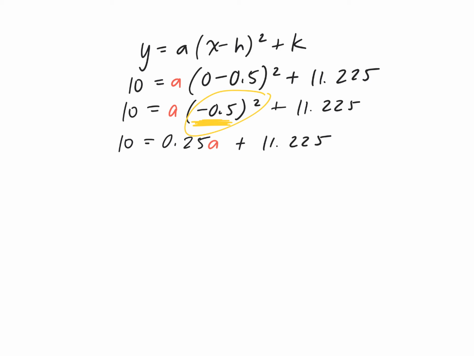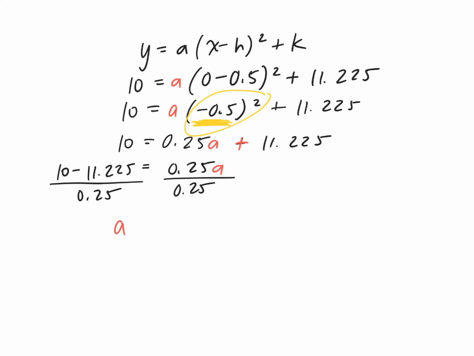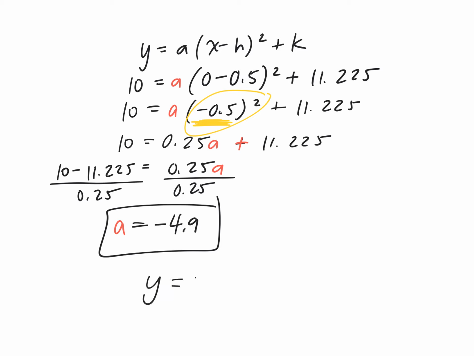So this positive becomes negative to get rid of it. 0.25a. Divide everything by 0.25 and simplify. a is equal to negative 4.9. Raise your hand if you got that. So what is the equation in vertex form? y equals negative 4.9.